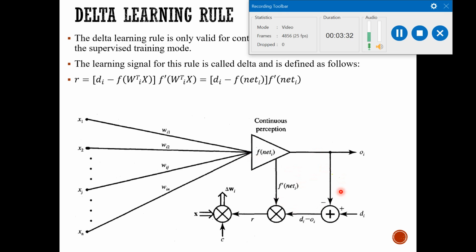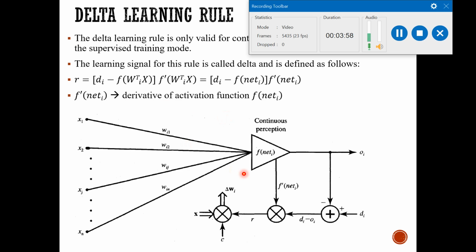So you have to calculate the derivative of those functions. Then you will get your learning signal. And once you get your learning signal, as previously done, you multiply by the learning rate and by the input vector to get the weight increment. As I have already told you, f dash of net is nothing but the derivative of the activation function.